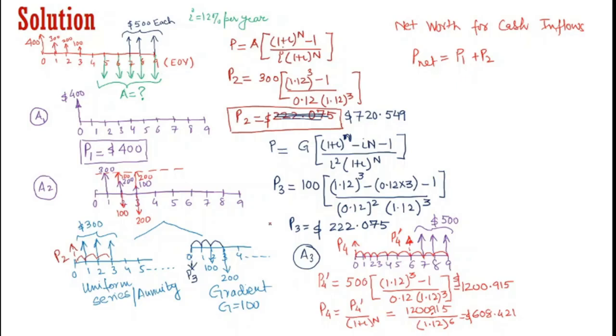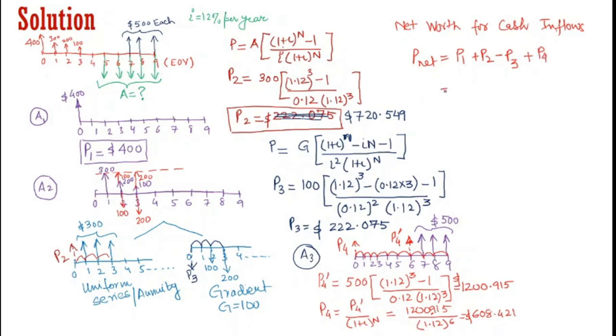But as far as P3 is concerned, it is in the downward direction, so I add it with a negative sign, P3, and finally P4.